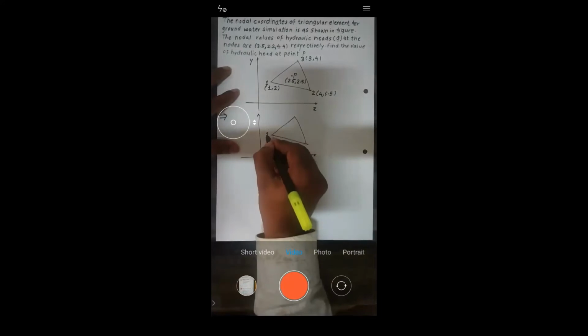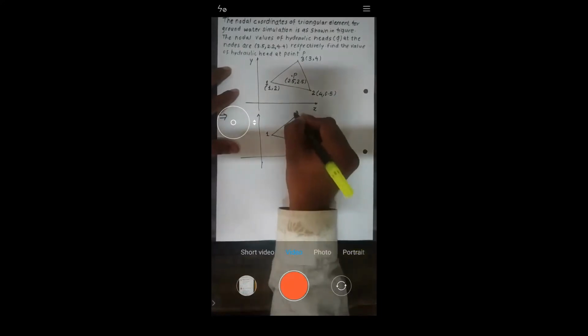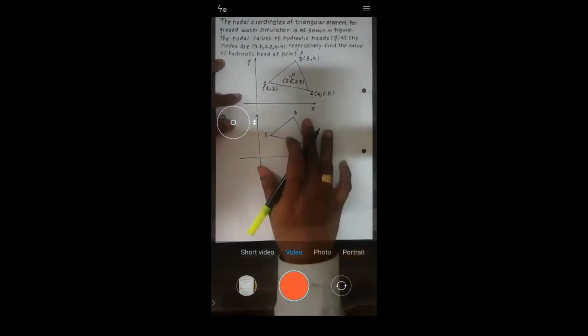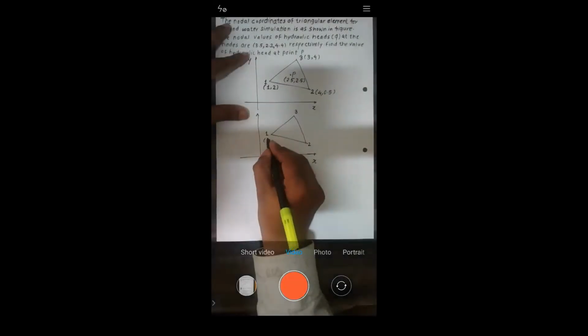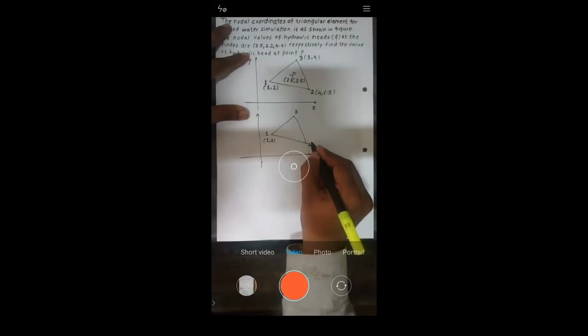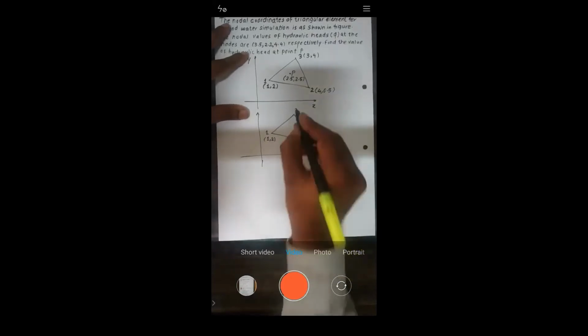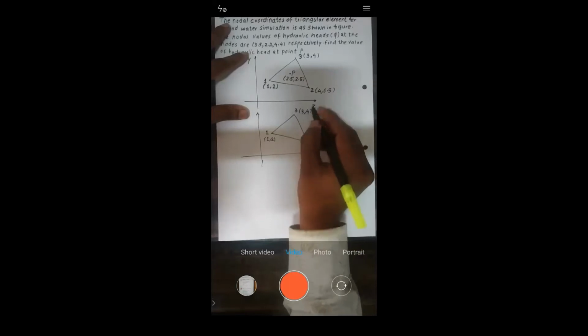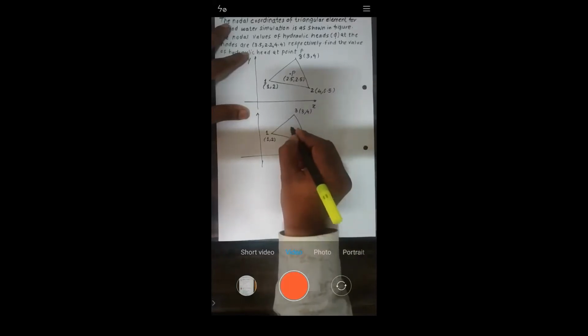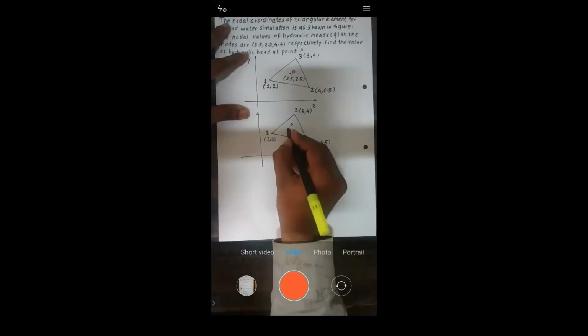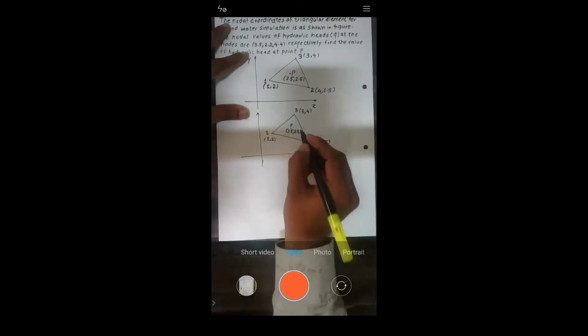This is node number 1, this is node number 2, and this is node number 3. Coordinate of node 1 is 1, 2, right? Coordinate of node 2 is 4, 0.5. Coordinate of node 3 is 3, 4, right? And you have one interior point P, where coordinate is 2.5, 2.5, right? So this is the coordinate.